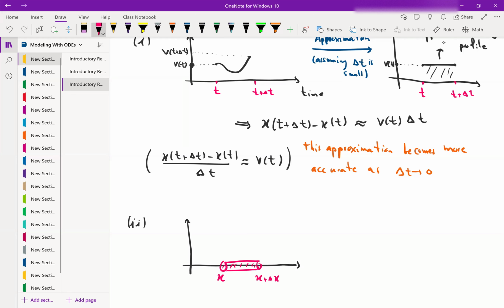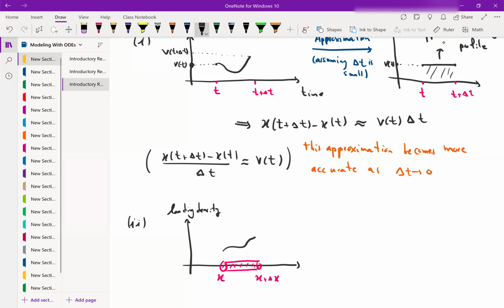And then the vertical axis here is the loading density, right? The force per unit length that is applied to this beam. So I'm going to draw the actual profile of my loading density. Let's say that it's going to look like this.